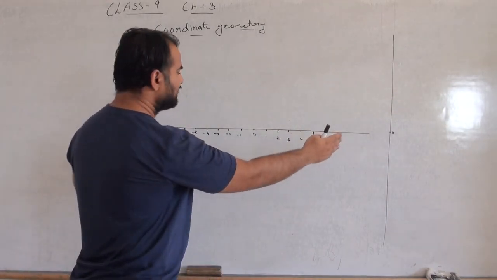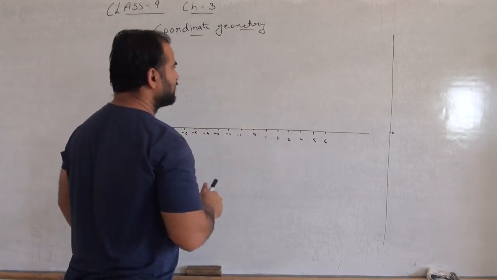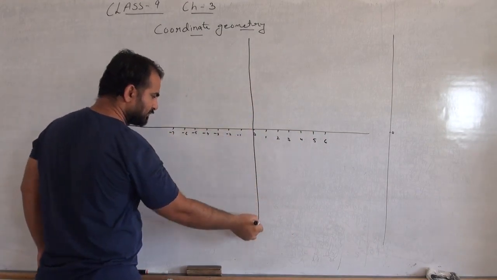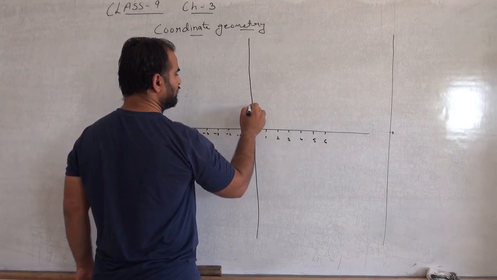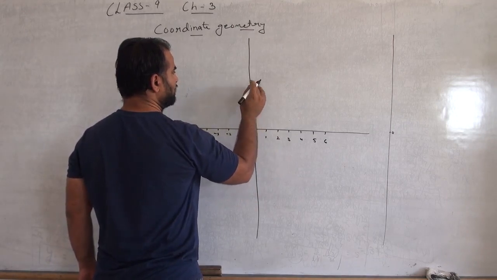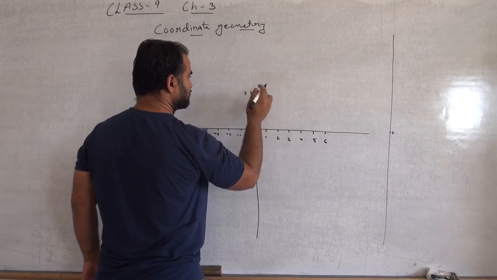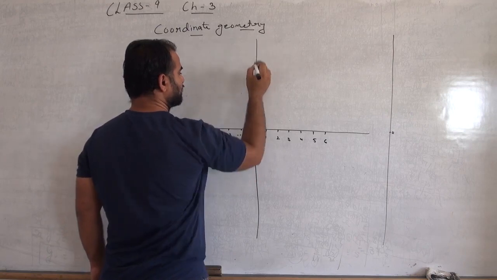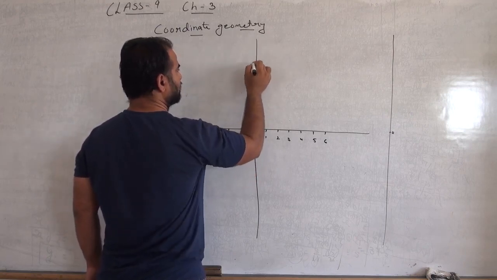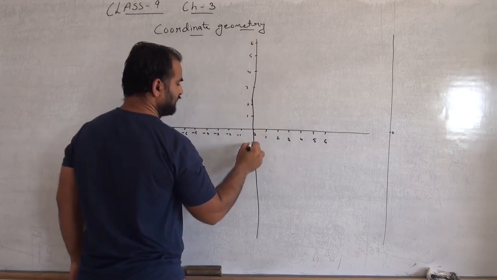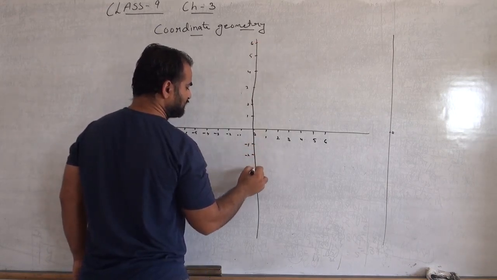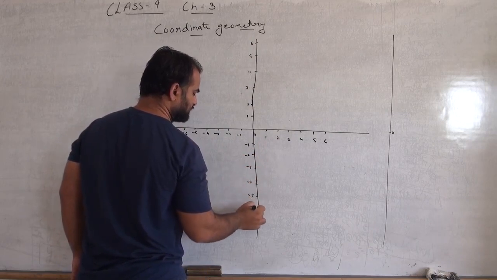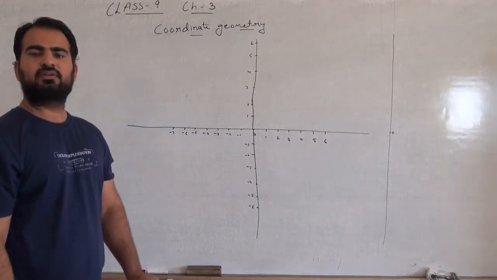When we mix these two lines together perpendicularly, it will be like this: 1, 2, 3, 4, 5, 6, and -1, -2, -3, -4, -5, -6.